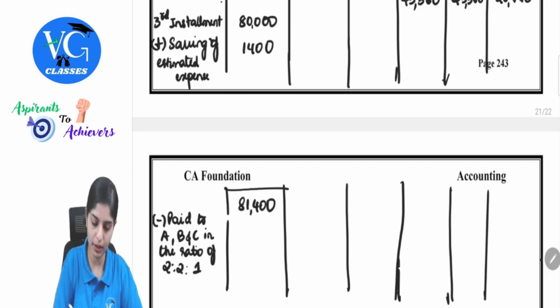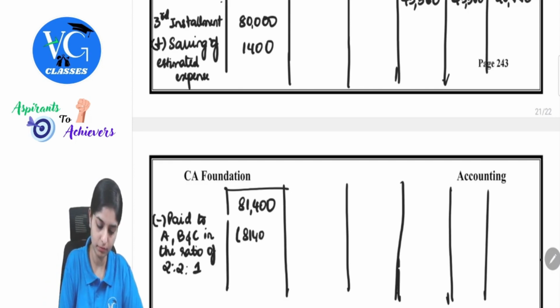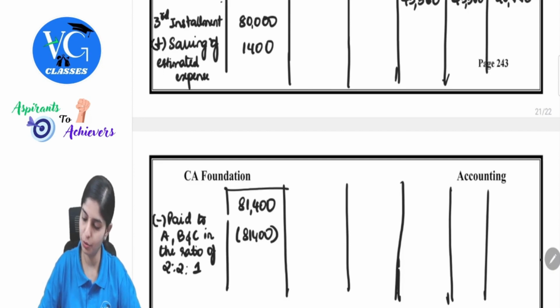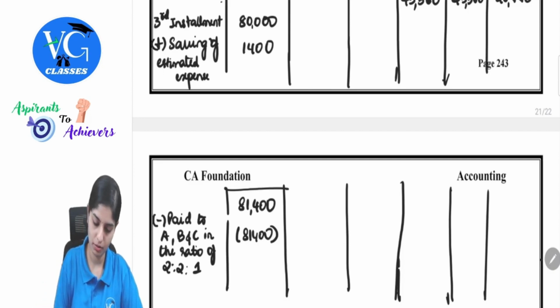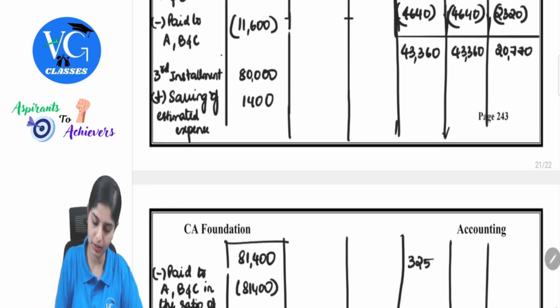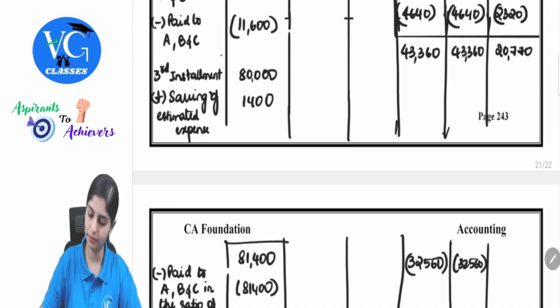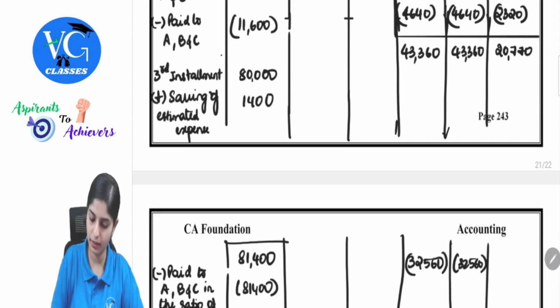So 81,400 into 2 by 5. So this will be 32,560 for A, 32,560 for B, and 16,280 for C.